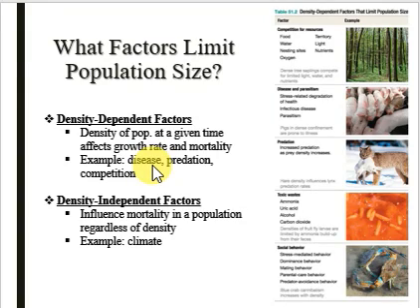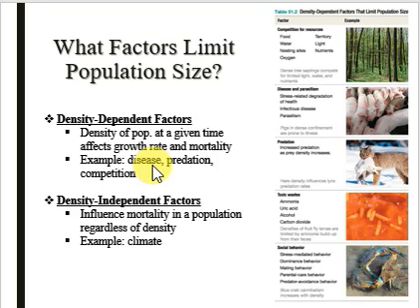So when you look at denser populations, usually diseases will spread far more quickly through that population than, say, a population that maybe had the same number of individuals but was more distributed across environments. So because you increase that area, you decrease the density.